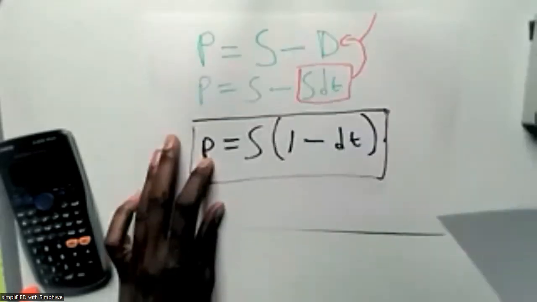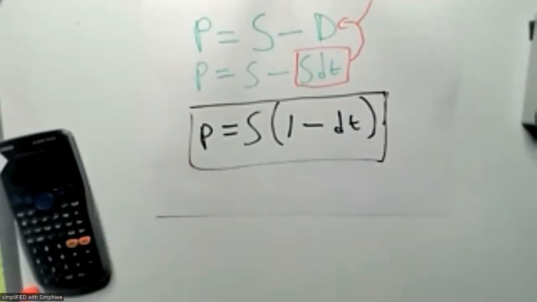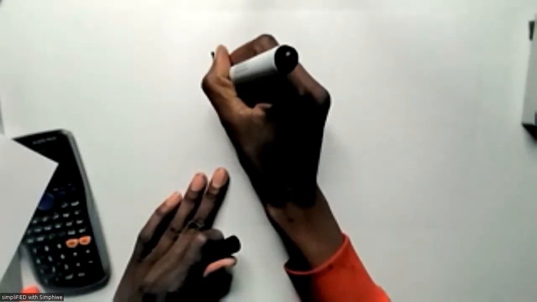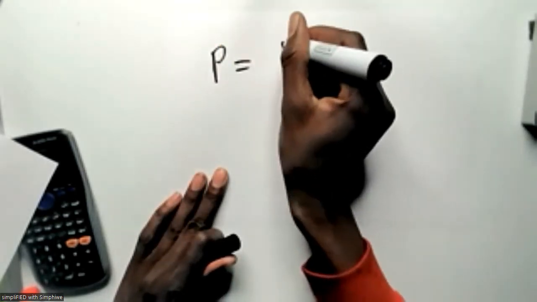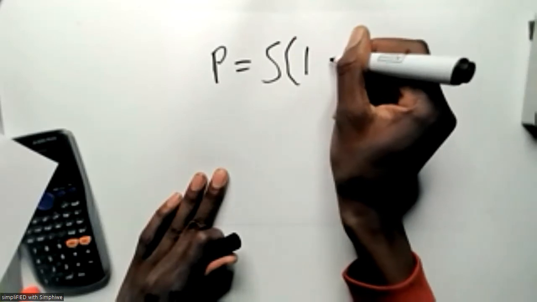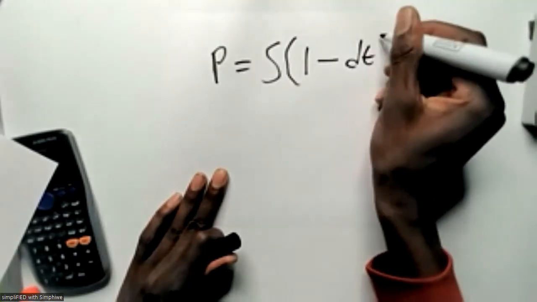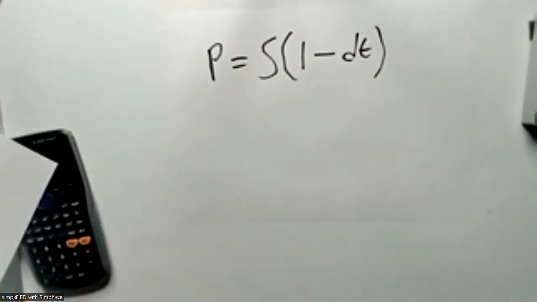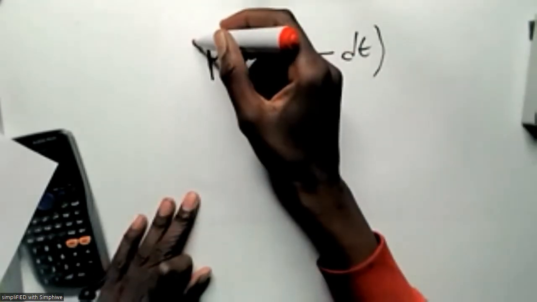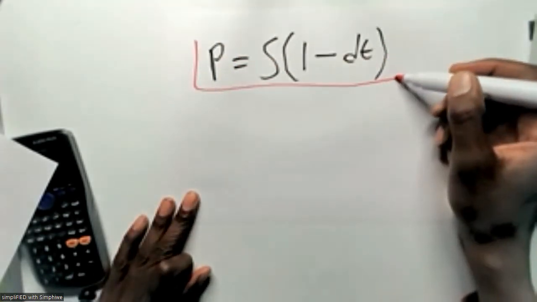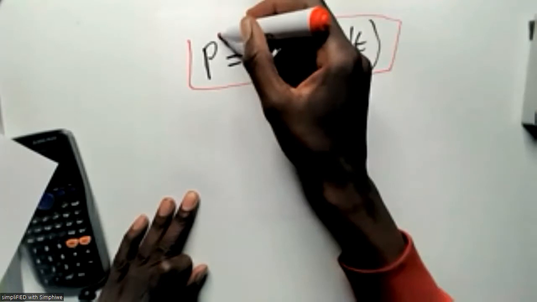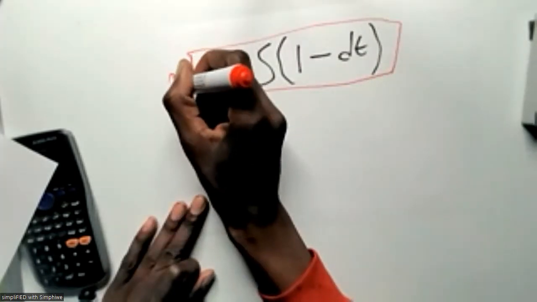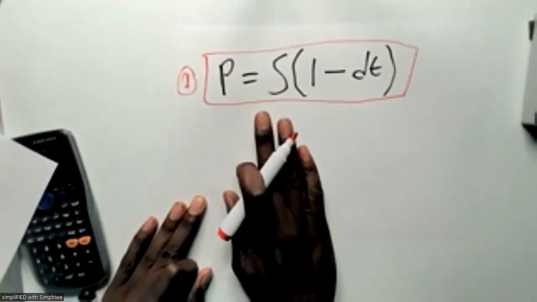Now let me write the formula for discount in order. So the formula for discount, now we agree that it's P is equal to S(1 minus DT). This formula may be given in a formula sheet if you are writing an exam for some students across the world. So this is the first form of the formula.